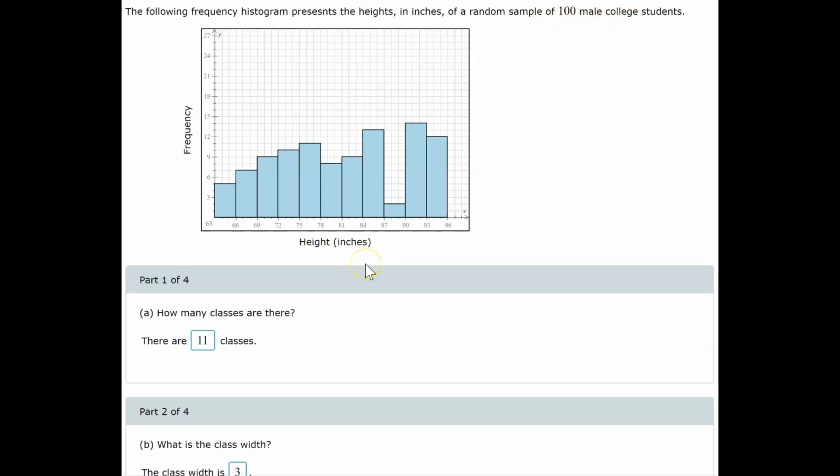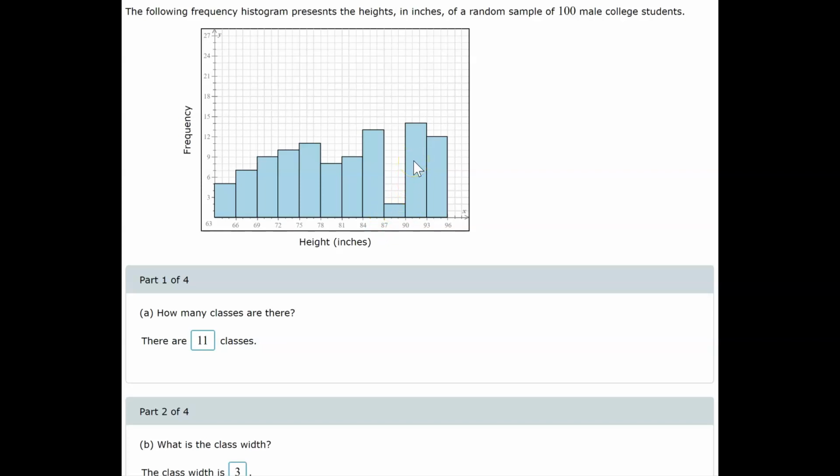And so if we want to figure out the percentage that are more than 84 inches tall, we take the number of these 4 bars here that are more than 84 inches, and we divide that number by 100. And so let's do that. We have between 84 and 87, it looks like we have 13 students in there. Between 87 and 90, we have an additional 2.